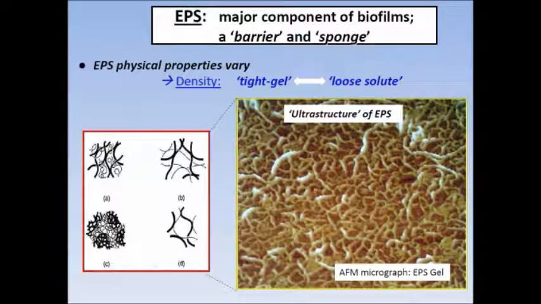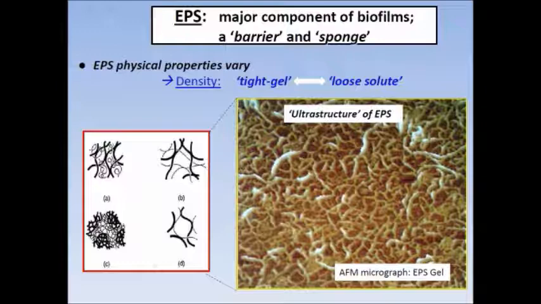And so what we're trying to examine first is how the EPS matrix will inhibit or enhance the movement of nanoparticles through this matrix. Remember, the EPS, as shown in this atomic force micrograph, is a series of molecules intertwined in different ways.